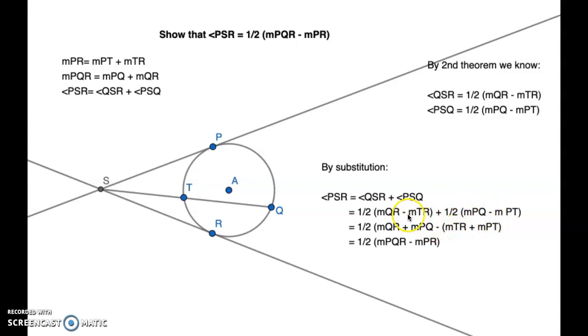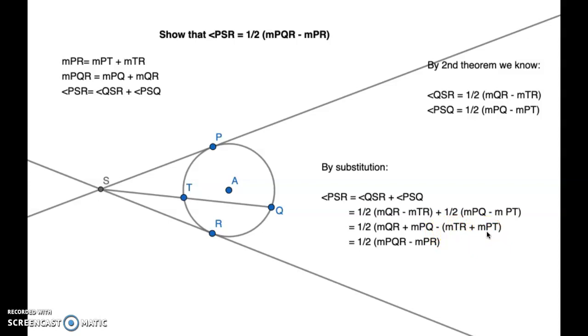So here what we would do is just rearrange these measurements, and we'll find that we take out the common factor 1/2, and so this angle PSR is now equal to half of the sum of arc QR plus arc PQ, and then we subtract the sum of arc TR and arc PT.